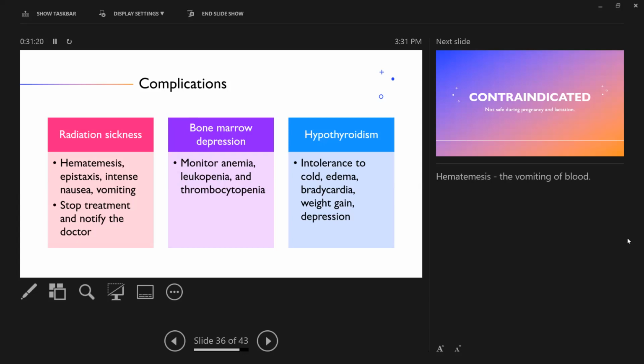Monitor anemia, leukopenia, thrombocytopenia. So that means you'll be watching CBCs quite regularly. That means you need a baseline. And monitor for hypothyroidism: intolerance to cold, edema, bradycardia, weight gain, depression.